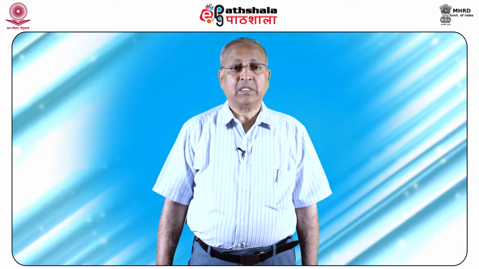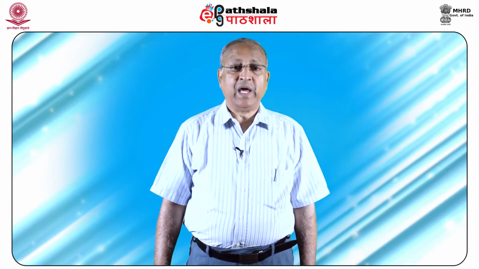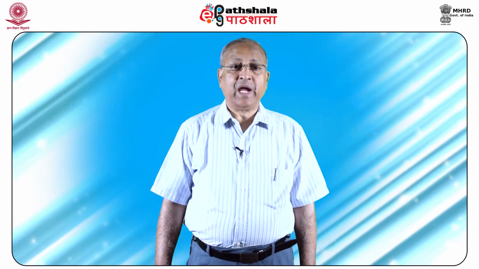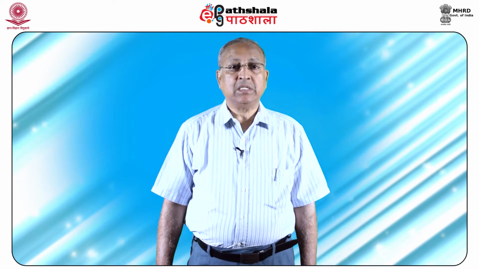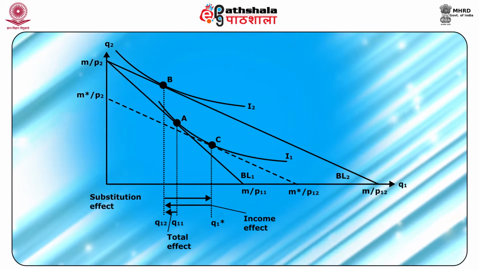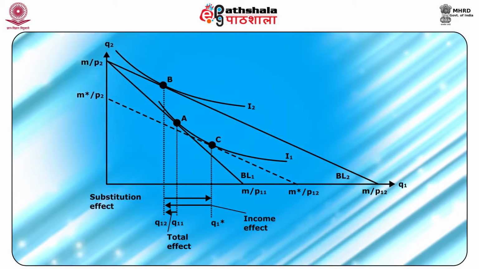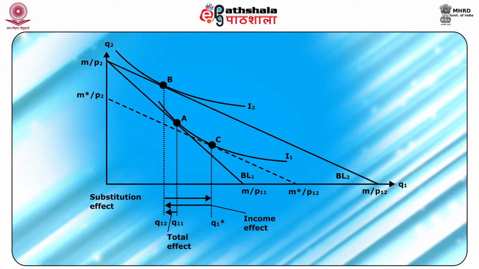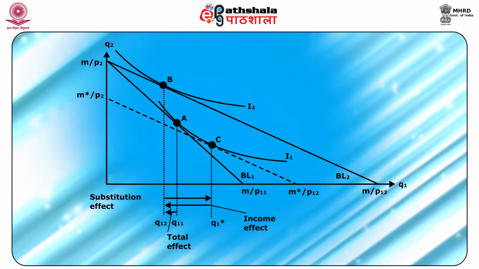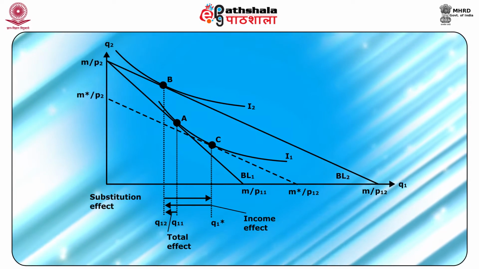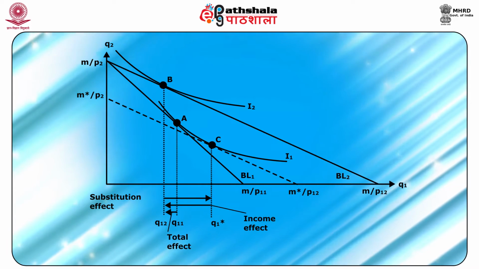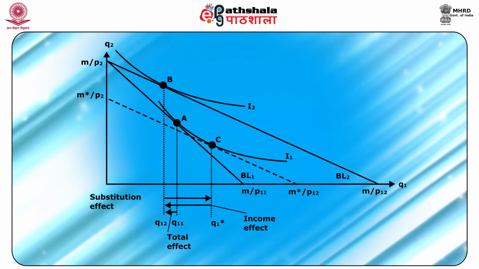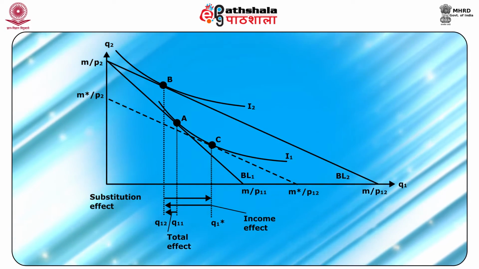But now let us consider the case where the price effect movement is in figure number 3, the movement is from A to C, and here the price has fallen and the consumption has increased from Q11 to Q1 star.